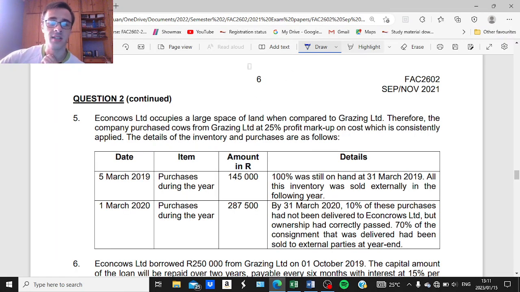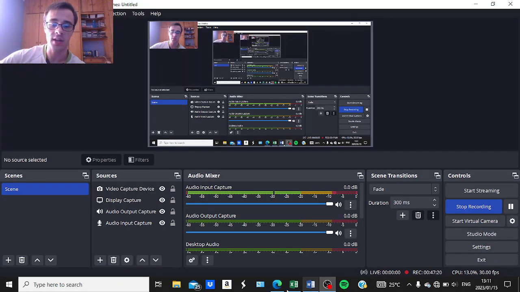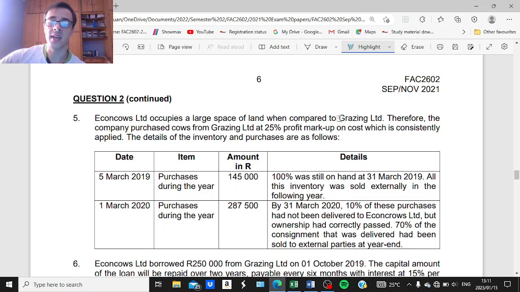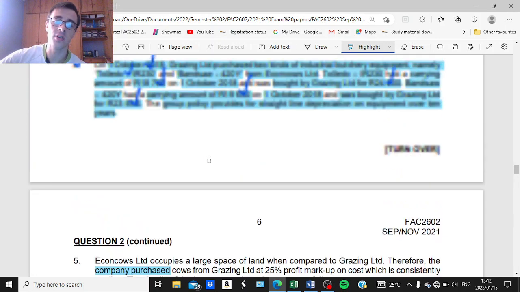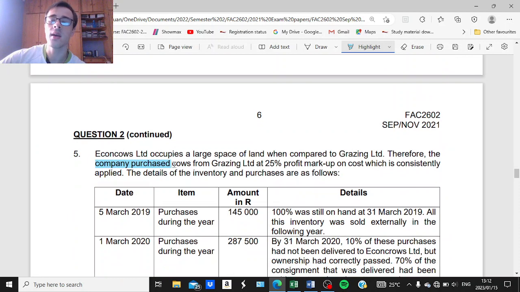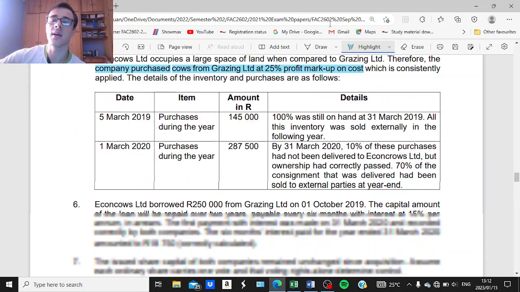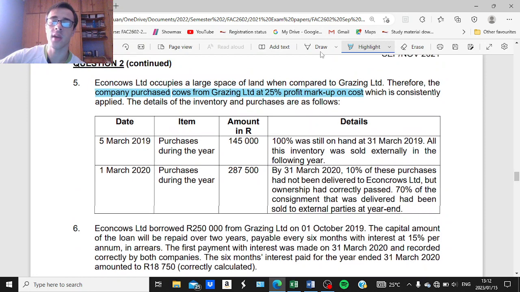Now, Econ Cows Limited occupies a large space of land when compared to Grazing Ltd. So therefore, the company purchased cows, which will logically form part of its inventory. That includes livestock. Okay. The company purchased cows from Grazing Ltd at 25% profit markup on cost, which is consistently applied. So in terms of inventory sales between the two companies in the group, it is clear that the parent makes the profit of 25%.